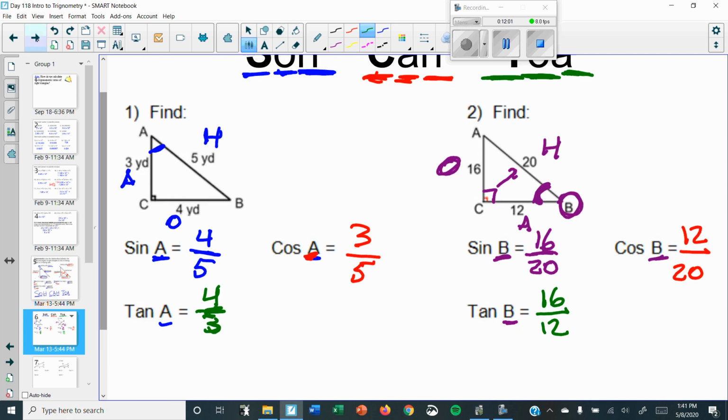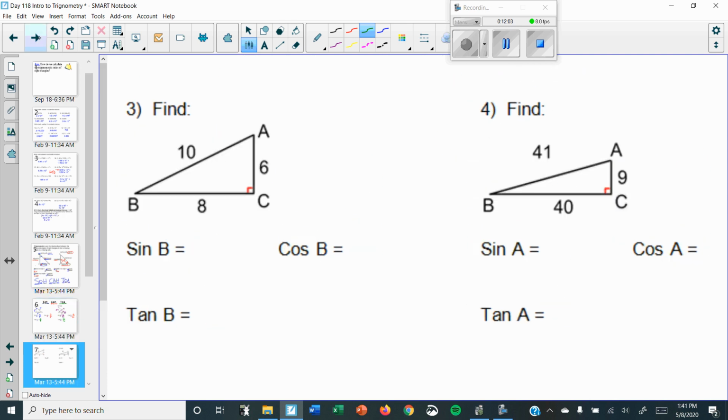Good, good. Okay, so we got a few more. So which angle are we talking about? We're talking about angle B, because it says sine of B, cosine of B, tangent of B. So here we go. Sine of B. Well, let's label it first. Put the angle, right angle, whatever's across from it, that's your hypotenuse.